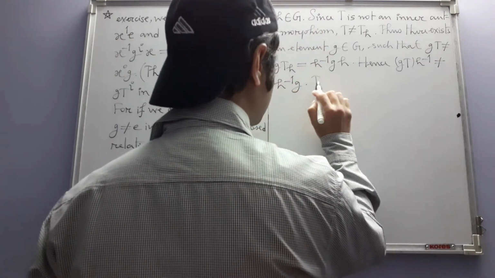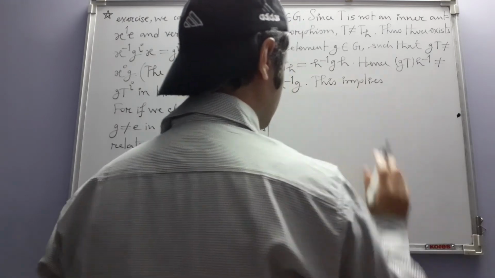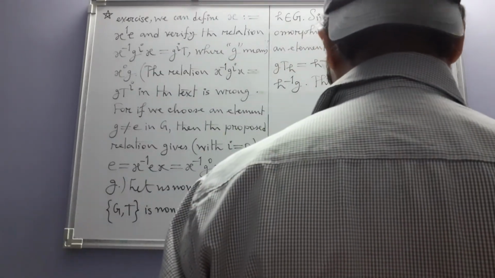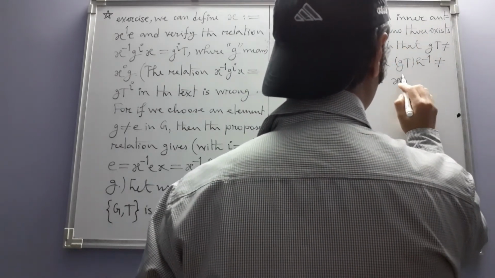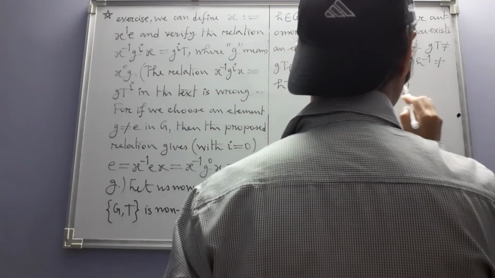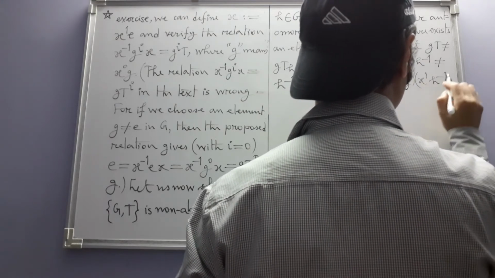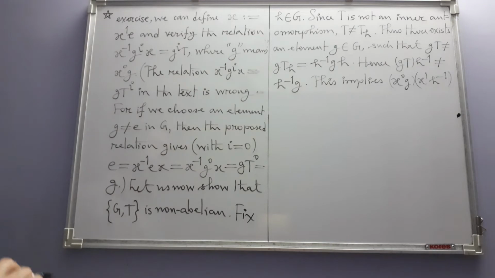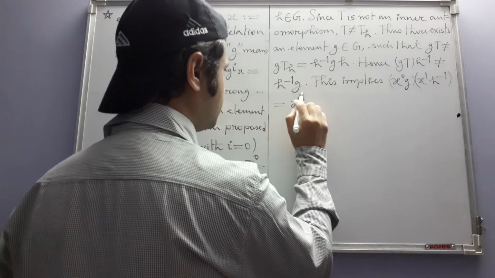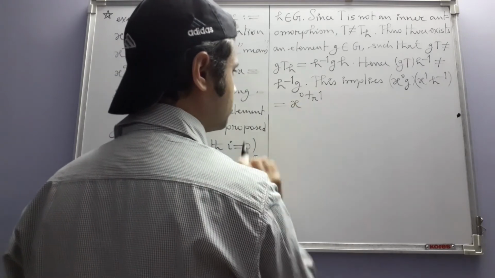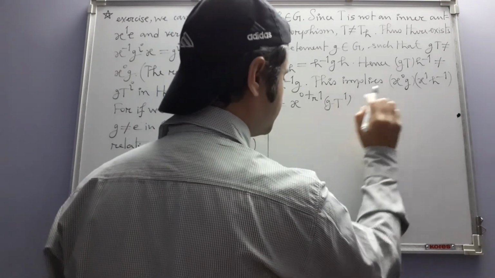This in turn implies x0 G times x1 H inverse. If one calculates this product in our constructed group, then we get 0 plus R1, G T to the power 1 H inverse.